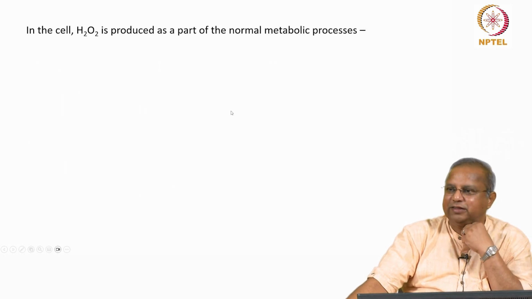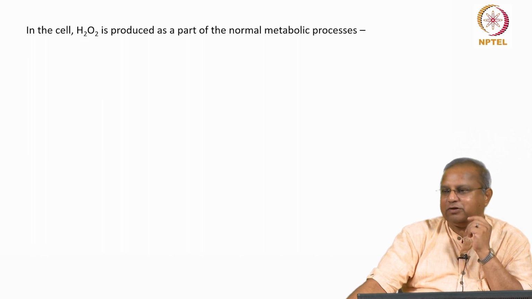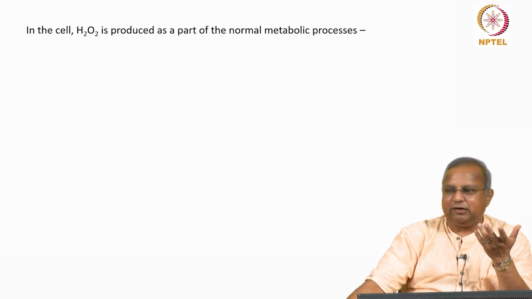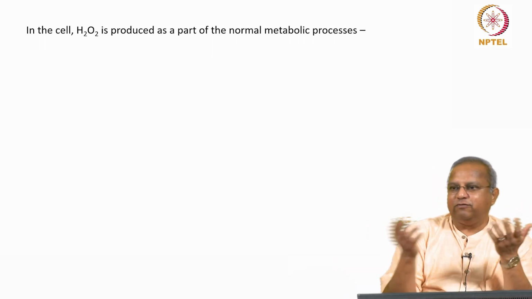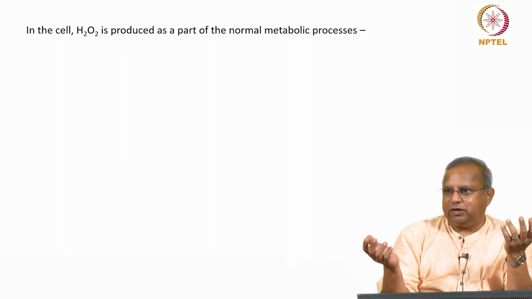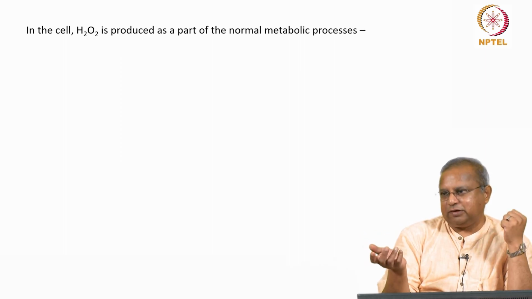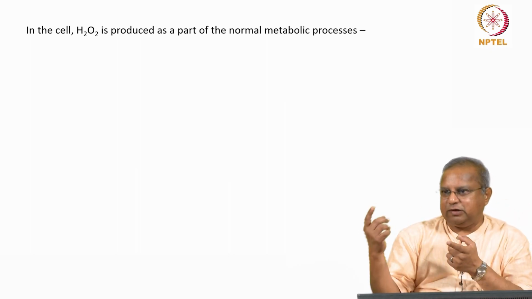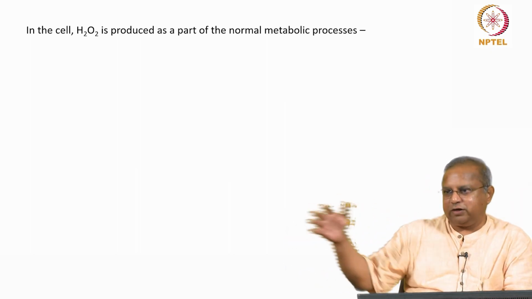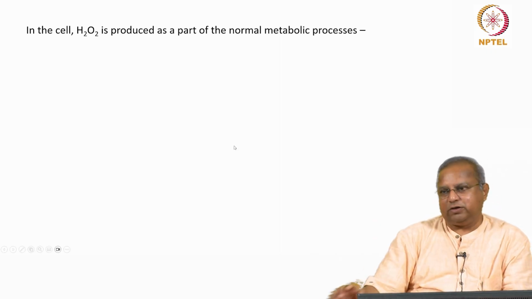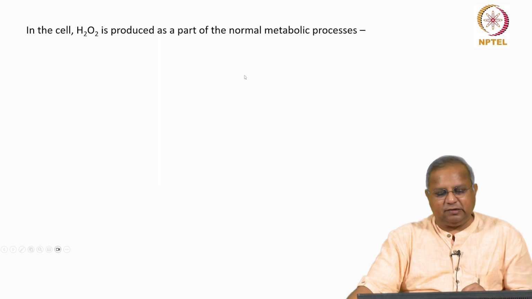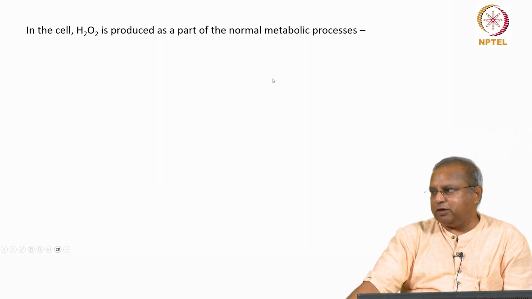Note that in the cell, hydrogen peroxide is produced as a part of the normal metabolic processes. We have already seen a set of basic reactions involving oxygen: a 2 electron reduction results in hydrogen peroxide, right. So, oxygen, superoxide, hydrogen peroxide, hydroxyl and water. 4 electron reduction gives you water, 2 electron reduction gives you hydrogen peroxide, and hydrogen peroxide is produced as a part of the normal metabolic processes in the cell.